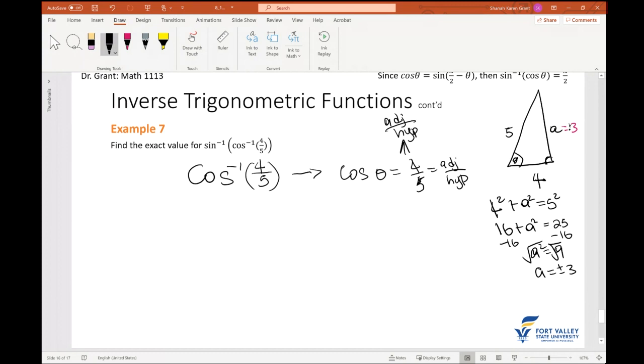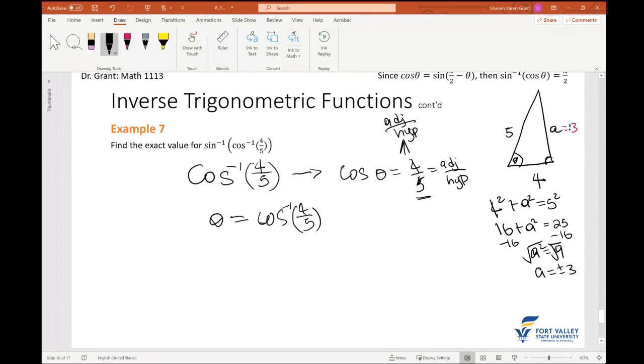We know that the theta we're looking for is the cosine inverse of 4 over 5. Let this be theta. Well, this has to be in quadrant 1 because cosine is positive in quadrant 1.